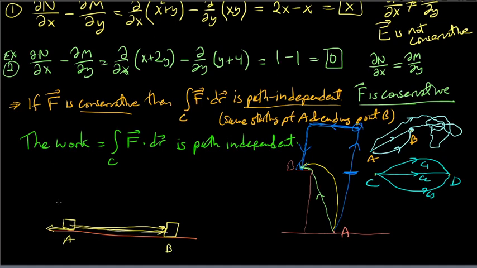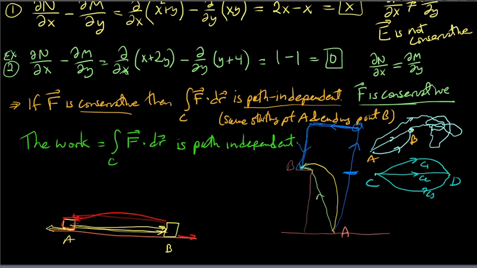On the other hand, if you move it back to point A, moving it backwards now, you're still doing positive work because now the friction will be in the opposite direction. It'll be pointing this way, and you're moving it to the left.